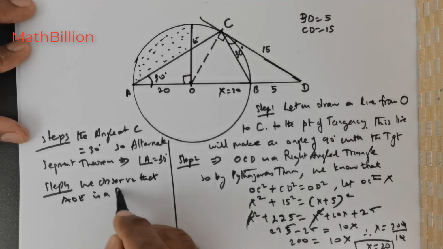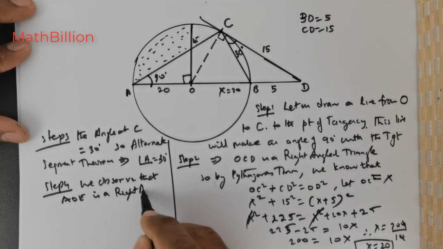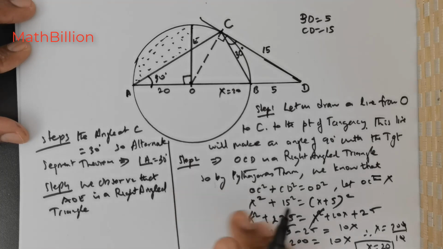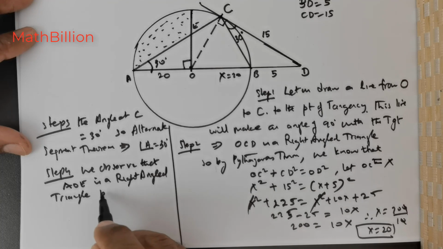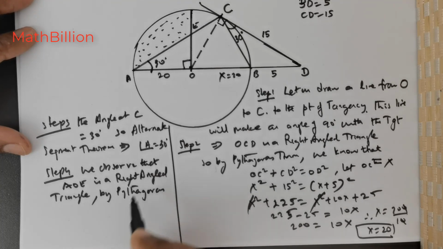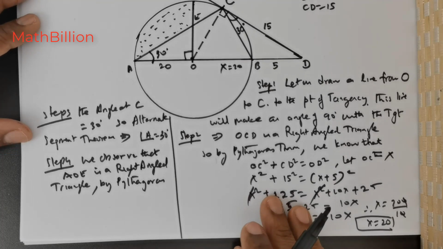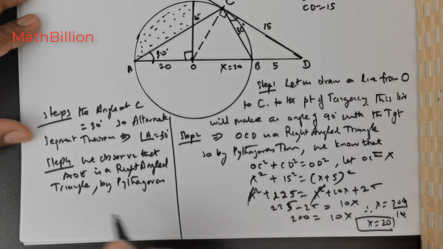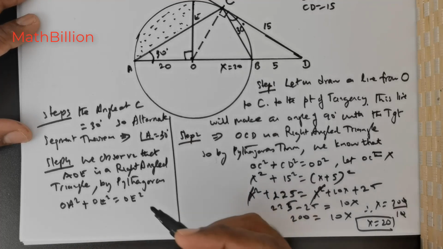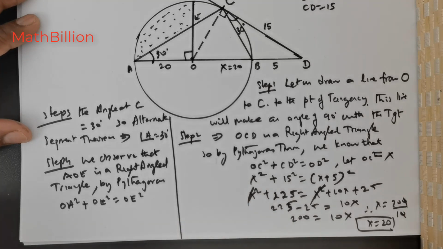AOE is a right angled triangle, right? So by Pythagoras, so what do you know by Pythagoras? By Pythagoras, OA squared plus OE squared is equal to OE squared. So this is by Pythagoras, but I don't want to be utilizing Pythagoras, right?